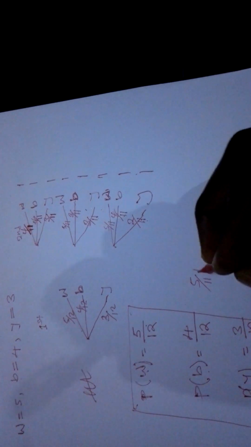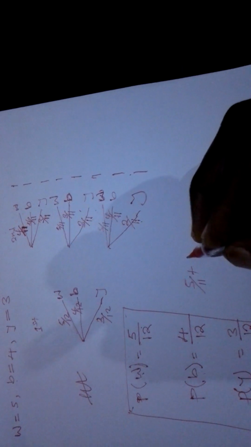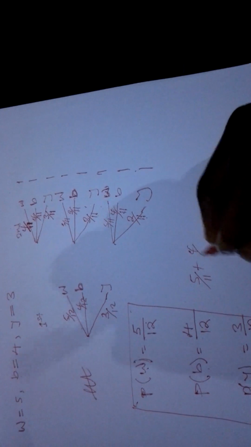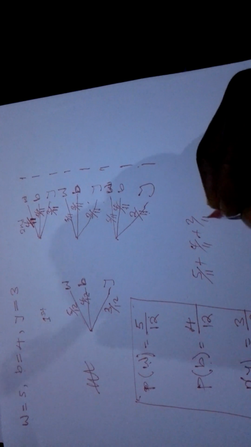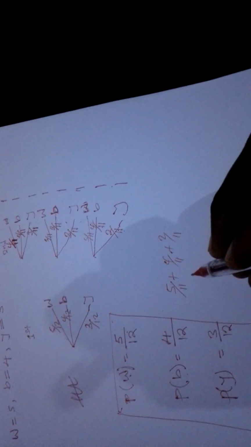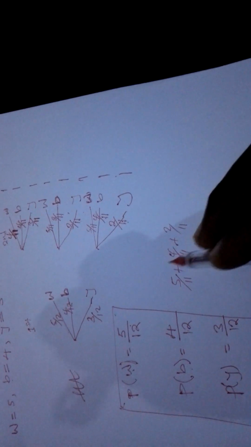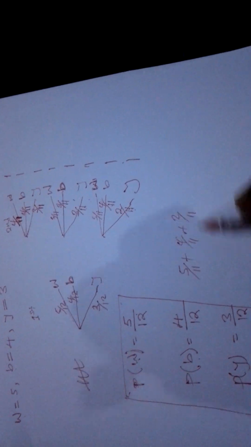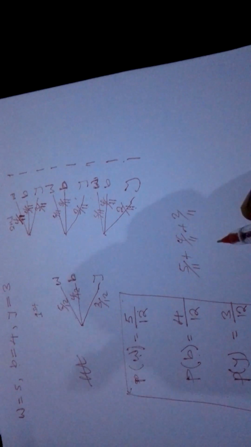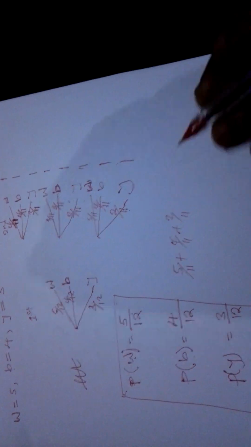5 out of 11 plus 4 out of 11 plus 2 out of 11. To verify or prove that our probability fractions are correct, when we add them, they have to give us 1.